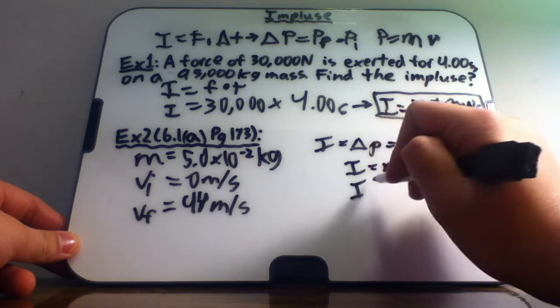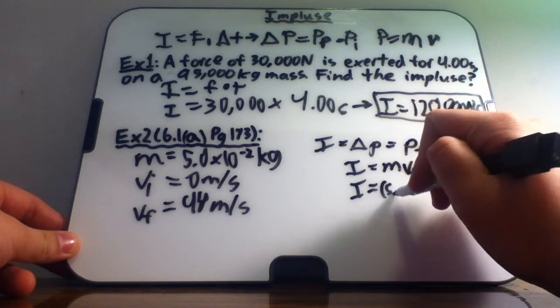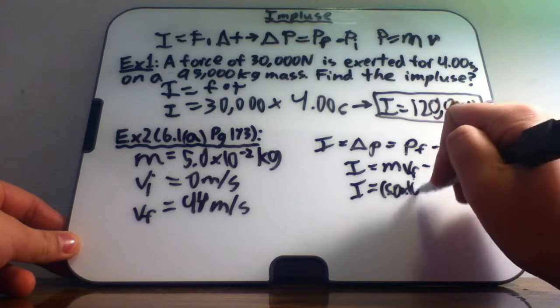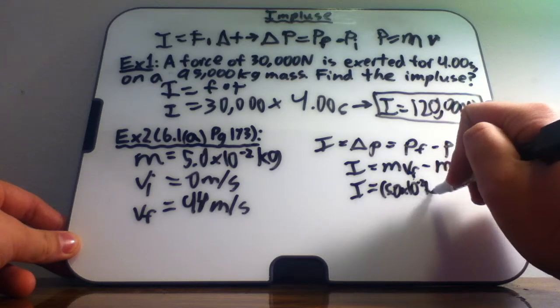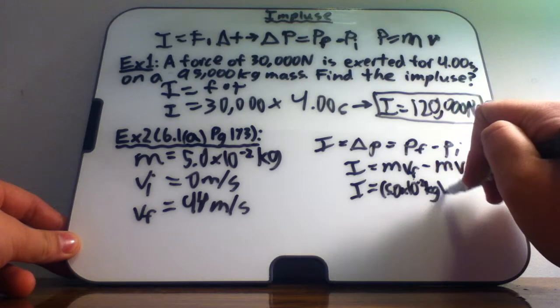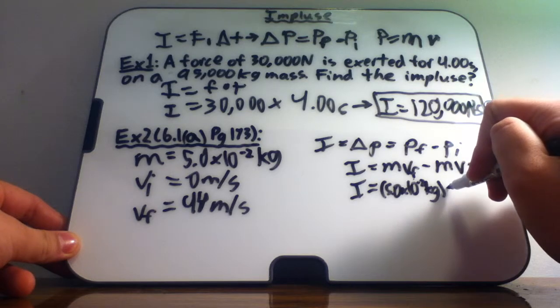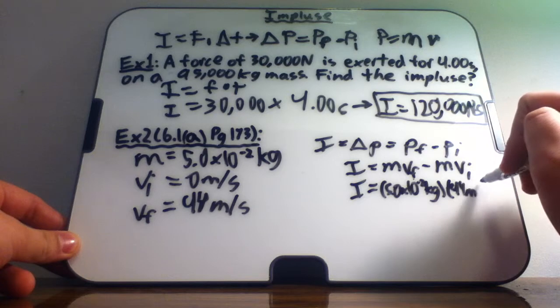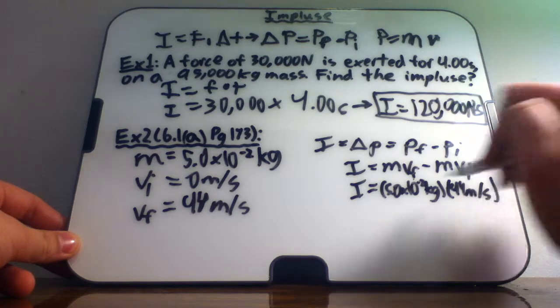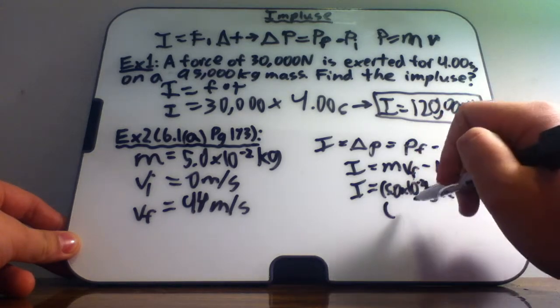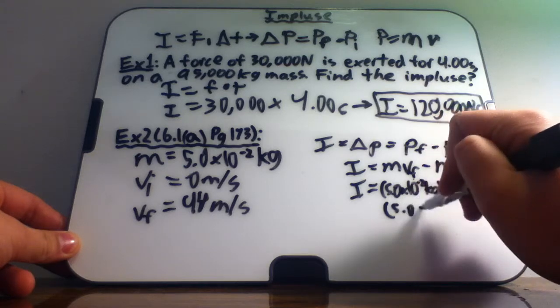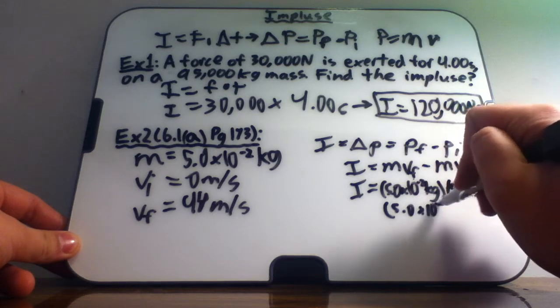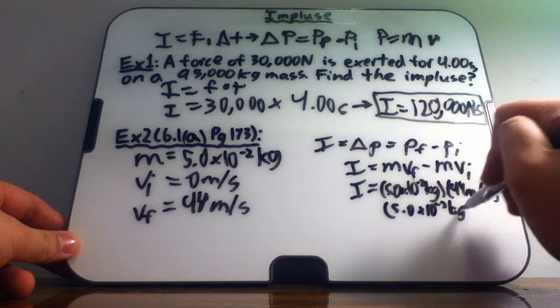The mass is 5.0 times 10 to the negative 2 kilograms times 44 meters per second, minus 5.0 times 10 to the negative 2 kilograms times 0.